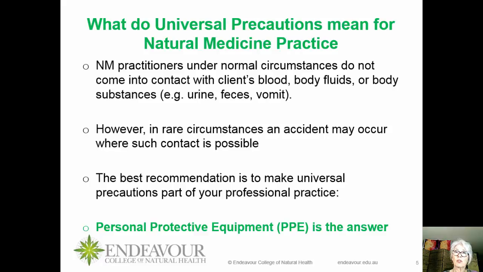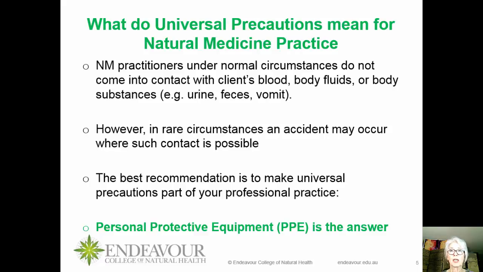So what do universal precautions mean, and what relevance can they have to a natural medicine practice? Under normal circumstances, natural medicine practitioners do not come in contact with the client's blood, body fluids, or body substances such as urine, feces, or vomit, except perhaps an acupuncturist may find a prick of blood left after they've taken the needle out, having hit a capillary.